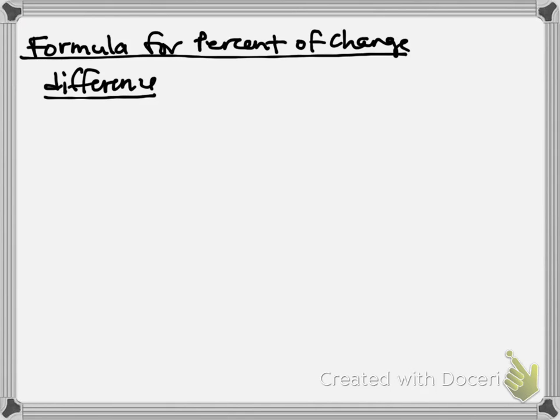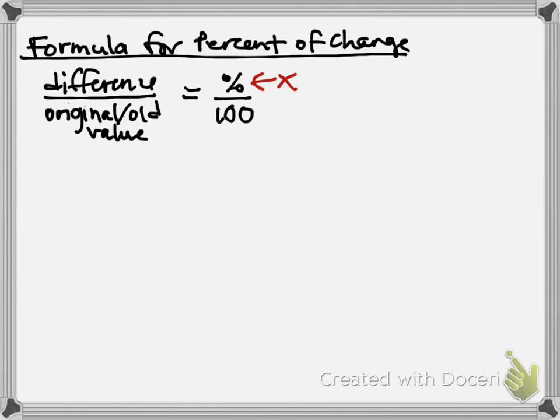You're always, back in my day, comparing to the original or the old value. Because I want to turn it into a percent, I'm going to use a percent symbol. We're going to set it equal to some number over 100. Now, normally what I put here is your x, okay? Because that's normally what we're trying to figure out. So that's a scenario that uses this idea, and that's the formula I'm going to use every single time.